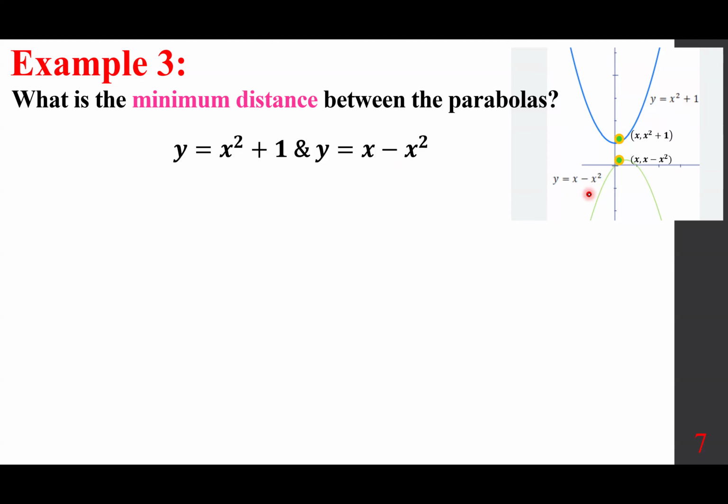The minimum distance would be a vertical distance, and you write the vertical distance as the y coordinate of this one minus the y coordinate of the bottom one. So this vertical distance is x squared plus 1, the y coordinate of the top function, minus the y coordinate of the bottom.